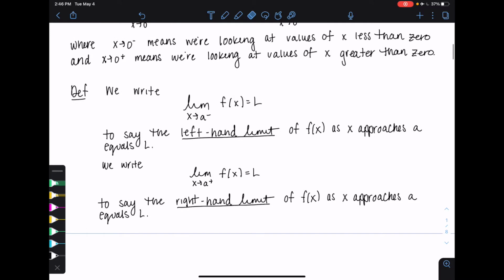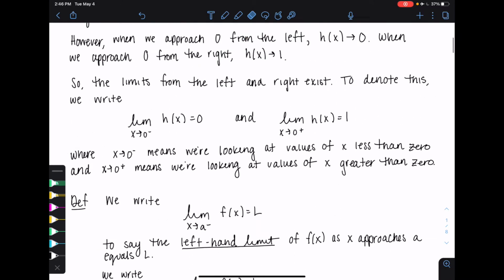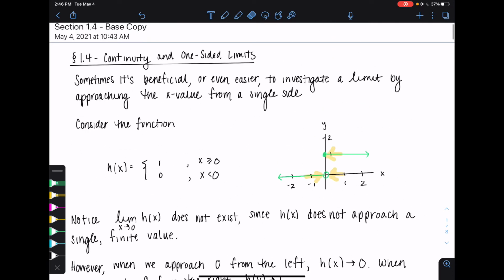Okay. So if I want to figure out my double-sided limit, you need to approach a single finite value, so you need what's happening from the left and right to be exactly the same. If they're the same, your two-sided limit exists. If they're not the same, it doesn't.